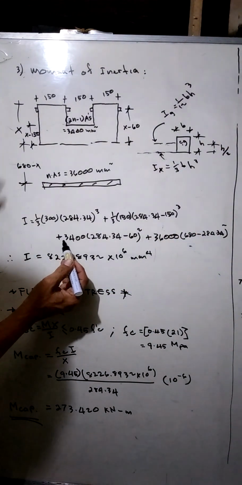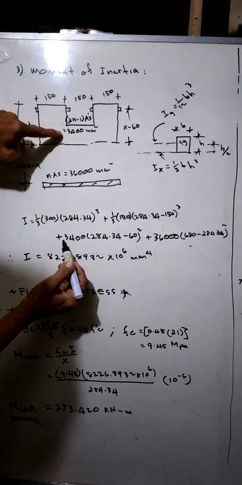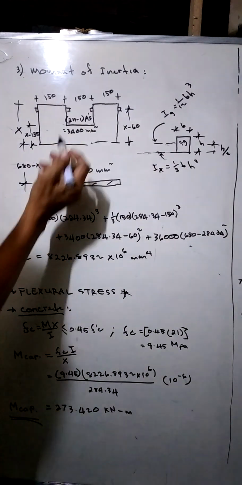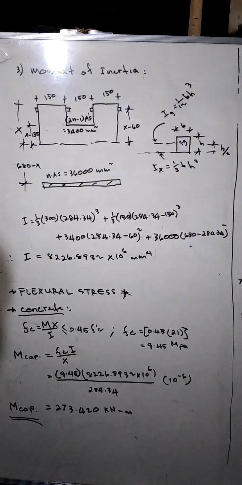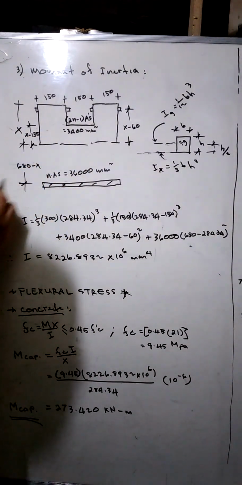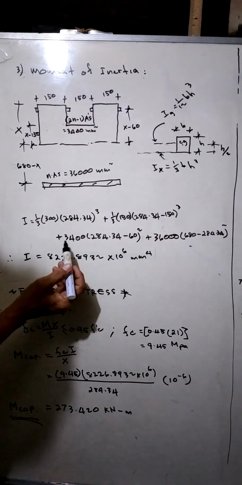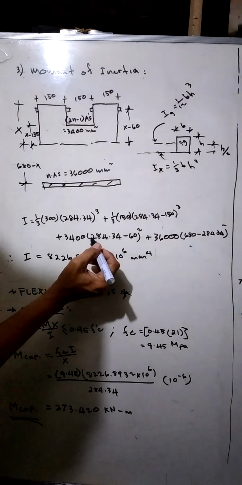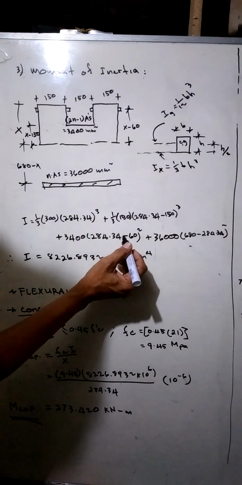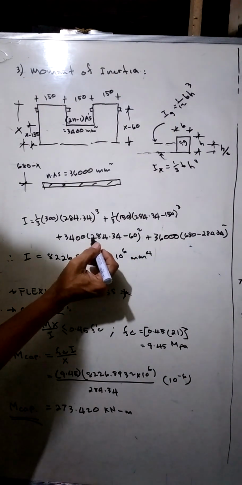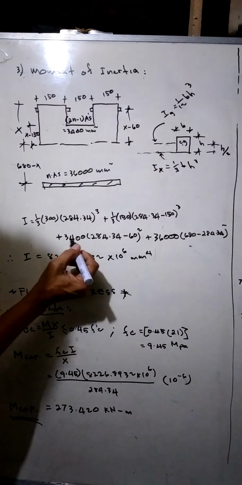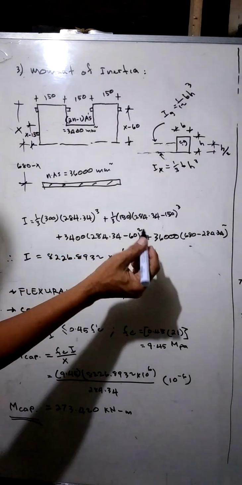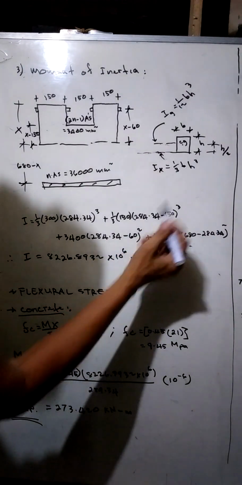Plus the moment of inertia of the transform section of the compression bar, which is 3400 times 284.34 minus 60 to the third.